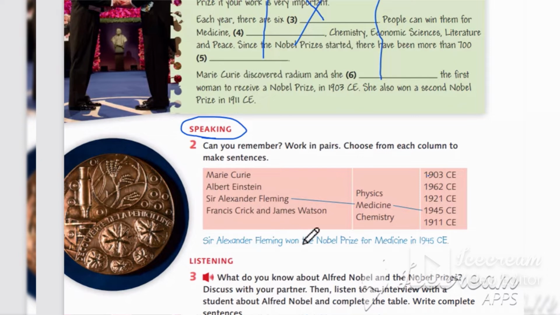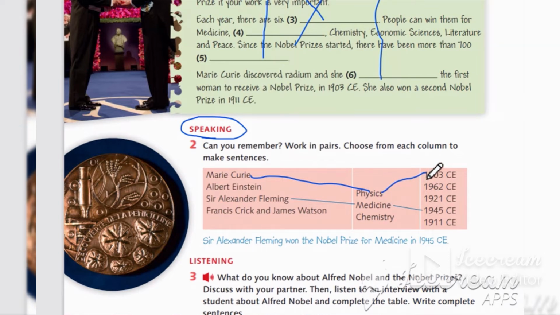Sir Alexander Fleming won the Nobel Prize for medicine in 1945. Now Marie Curie won the Nobel Prize for physics. You will continue making a sentence for physics. When? In 1903.